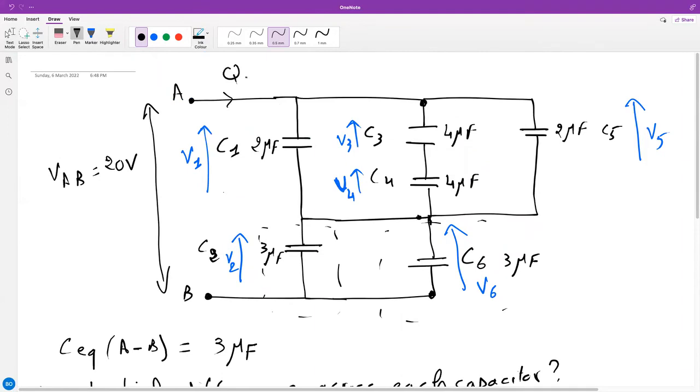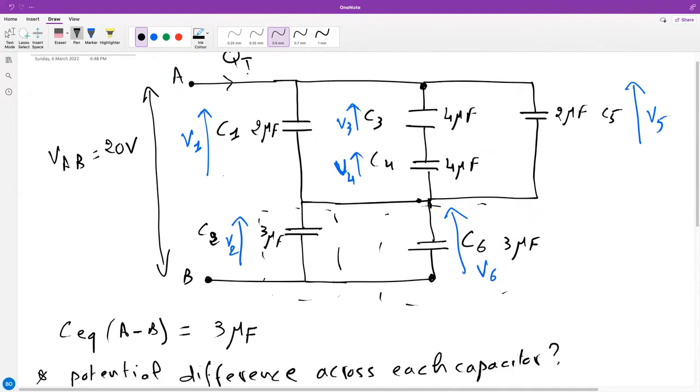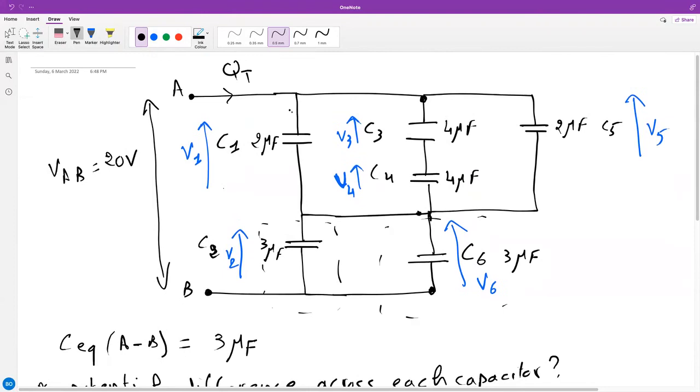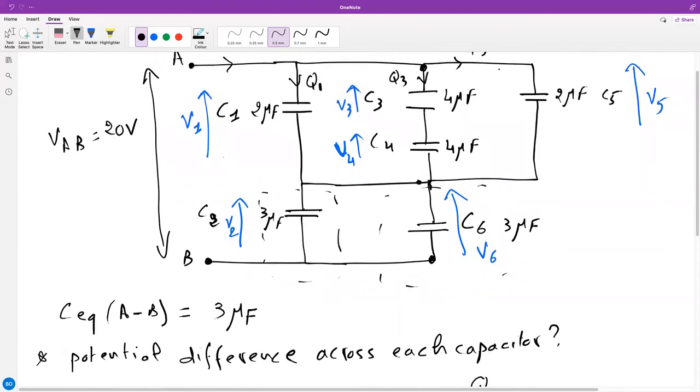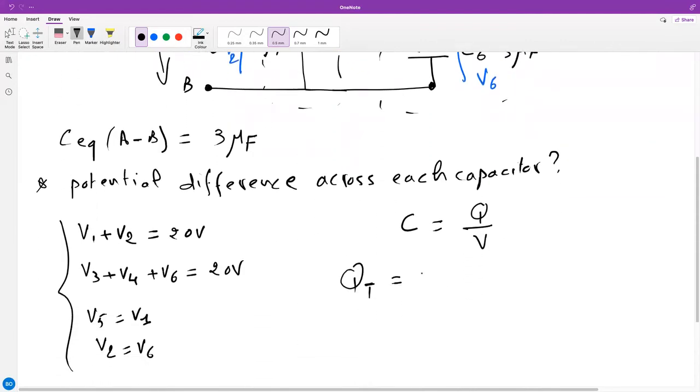I will call it total charge. The total charge will be split into Q1, Q3 and Q5. It's like the current, actually, a flow of current. So QT is equal to Q1 plus Q3 plus Q5.